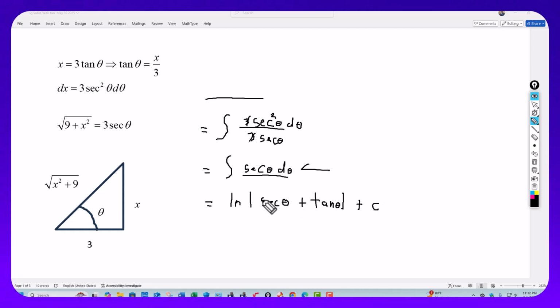The only thing next, of course, is to put this in terms of the original variable, x. To do that, you simply go to the triangle.